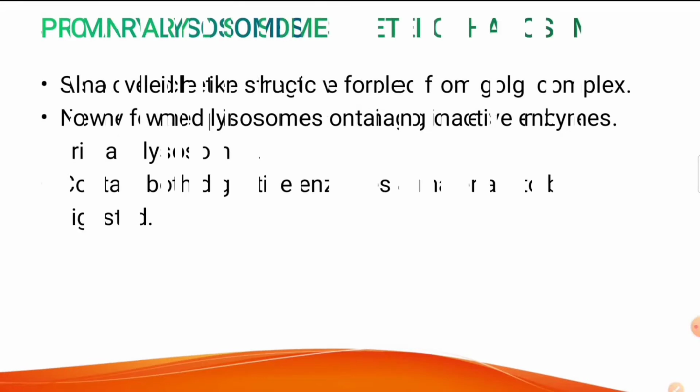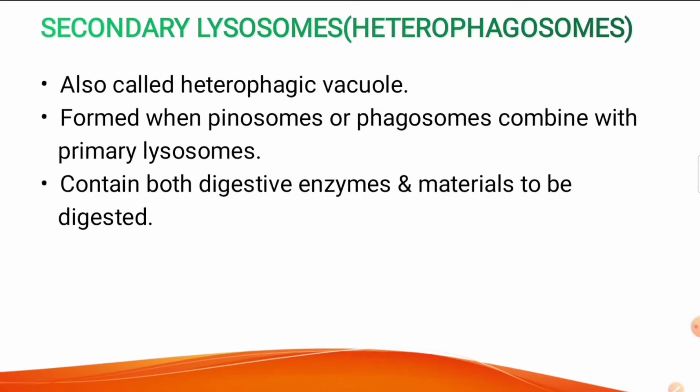Now come to the secondary lysosomes, otherwise known as heterophagosomes or heterophagic vacuoles. These are formed when pinosomes or phagosomes combine with primary lysosomes. I will discuss pinosomes and phagosomes while talking about membrane transport.